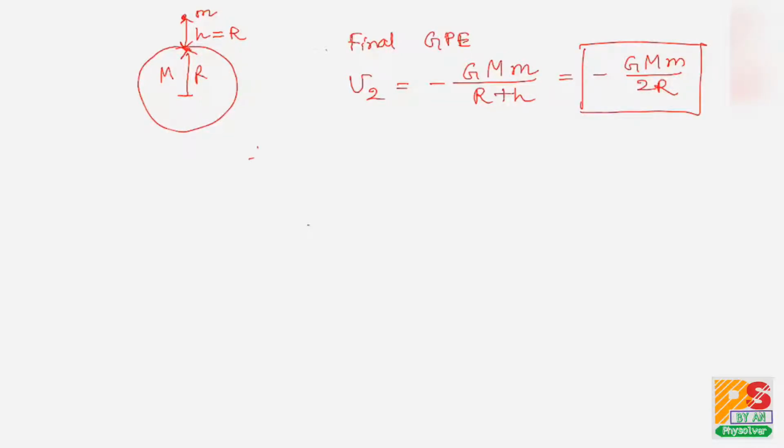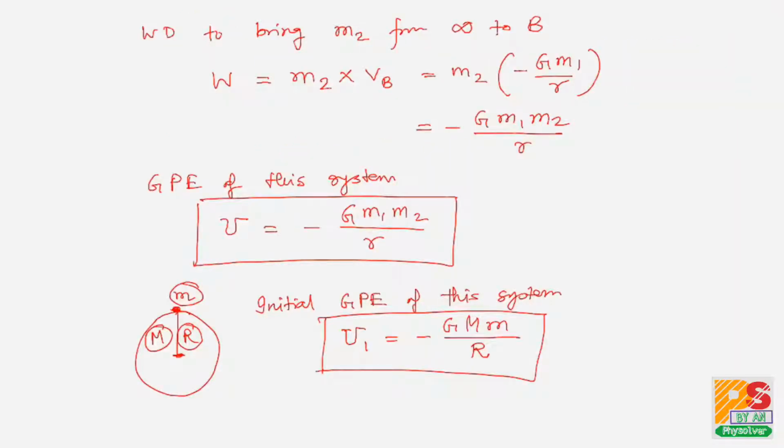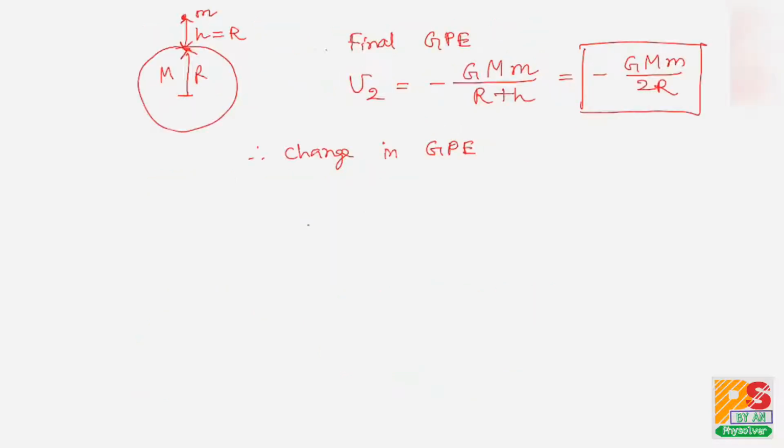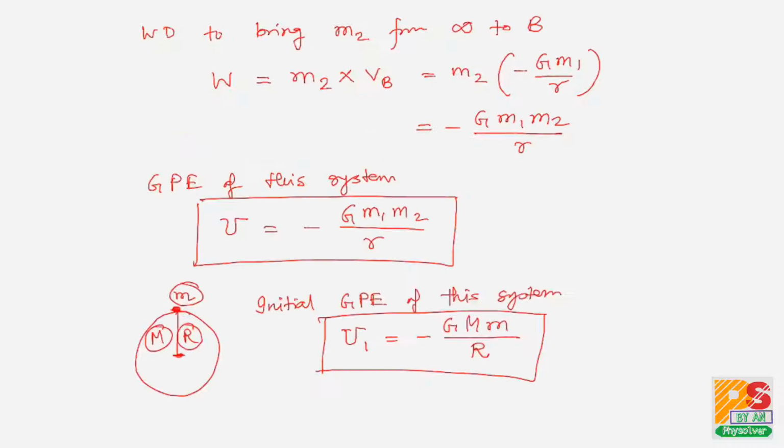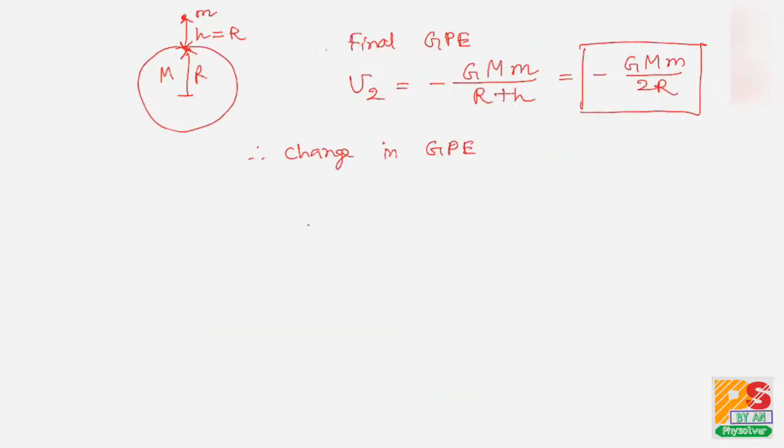Therefore the change in gravitational potential energy of the system, which is what? Simple. This is the initial potential energy, this is the final potential energy, and you can see that the initial potential energy is smaller. Concentrate on the negative sign here.